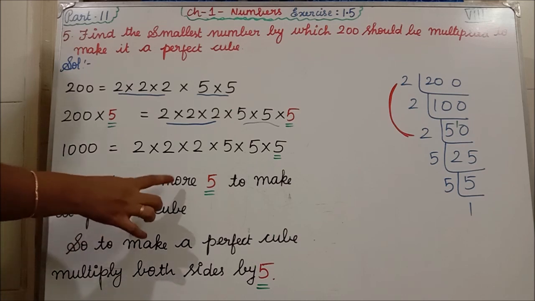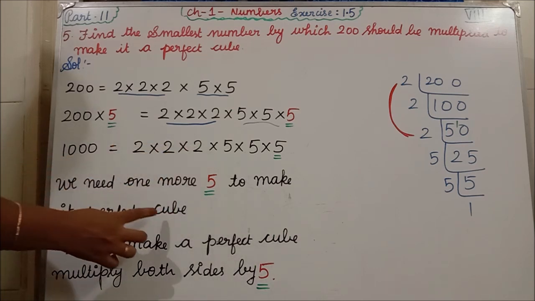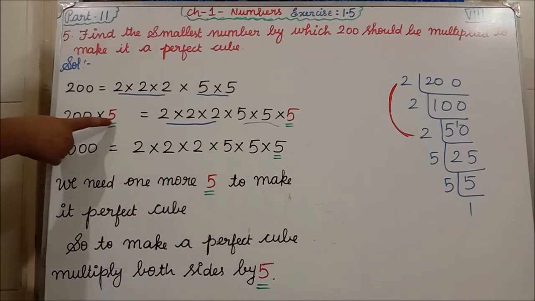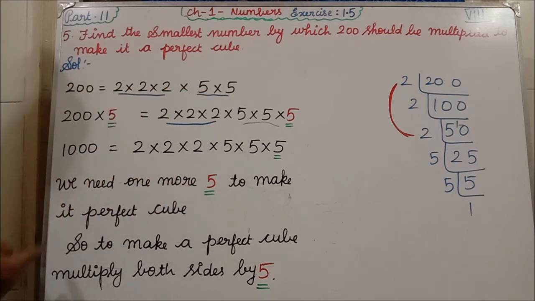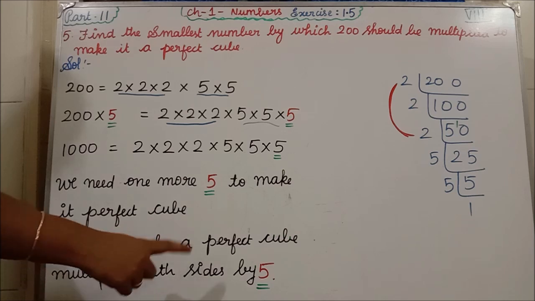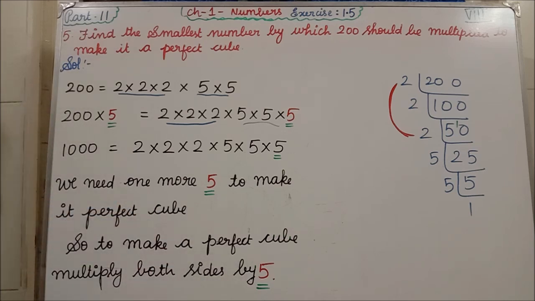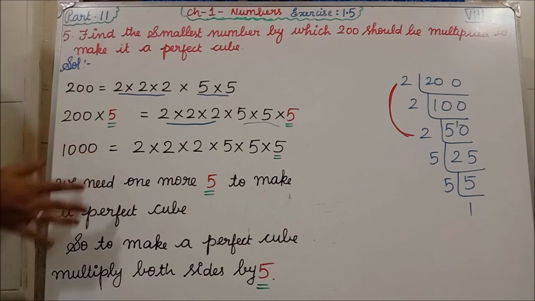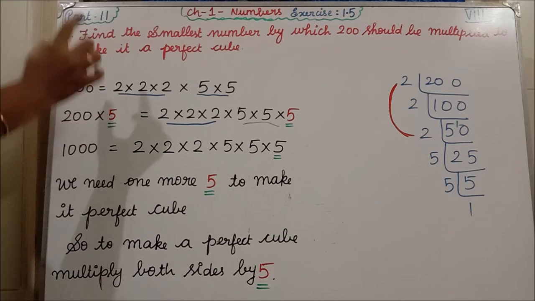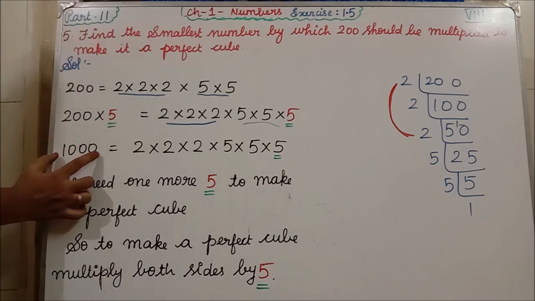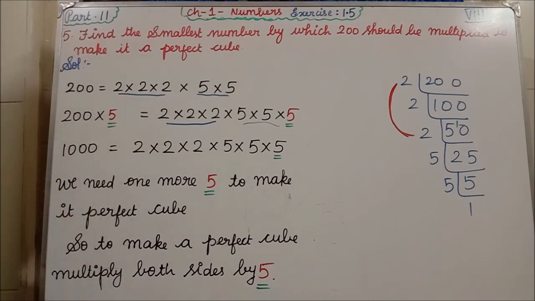We needed one more 5 to make it a perfect cube. So to make a perfect cube, multiply both sides by 5. Clear students, all of you? All of you clear this fifth question? So only we are multiplying both sides with 5 and we are getting the perfect cube number as 1000.